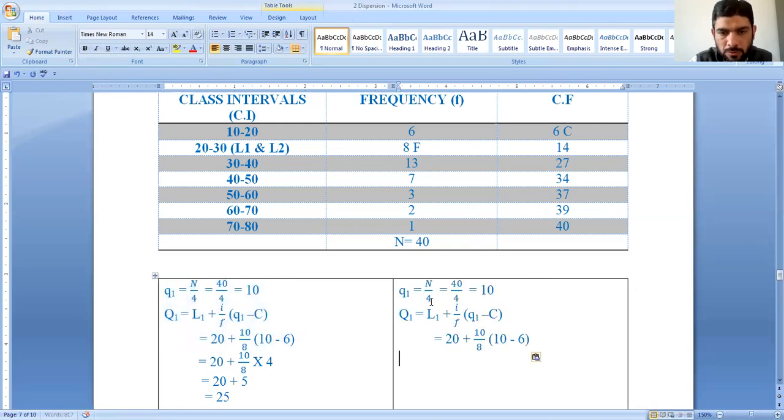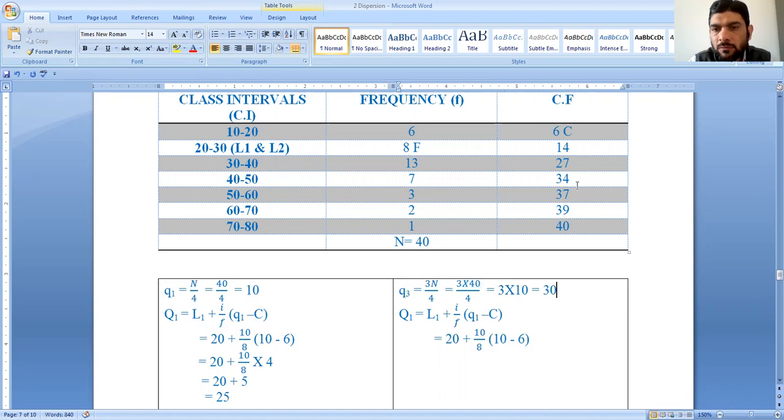We have to find Q3. For Q3, we multiply n by 3, so 3 multiplied by 40 upon 4, that is 3 into 10, that is 30. So Q3 will be 30. And now we have to find the values for the given formula.